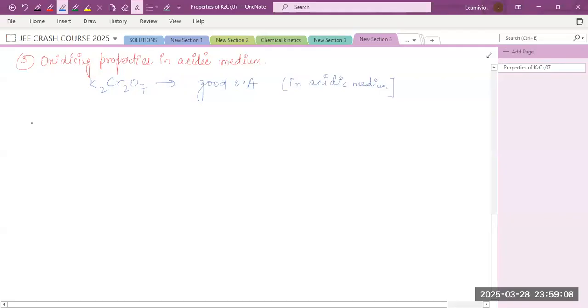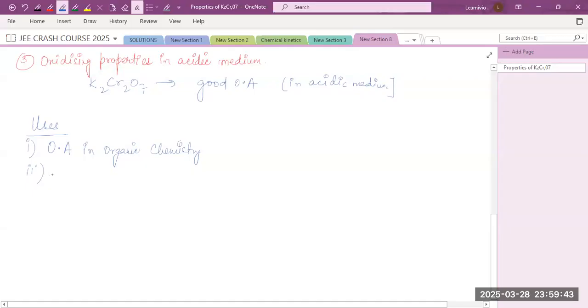And now the uses of potassium dichromate. First use, it is used as an oxidizing agent in organic chemistry. Second use, in volumetric analysis, that means in titration.